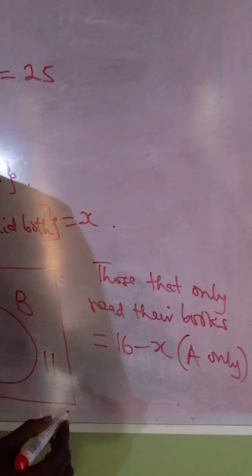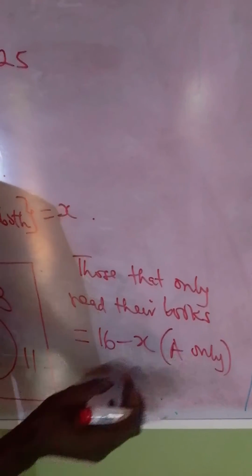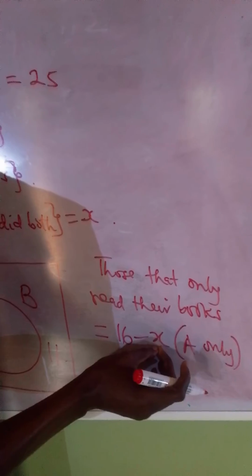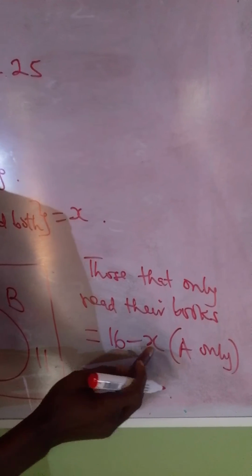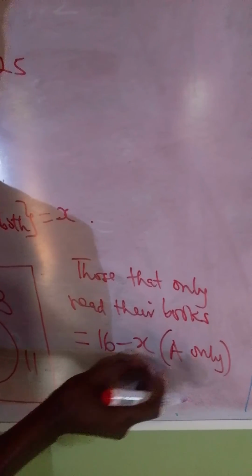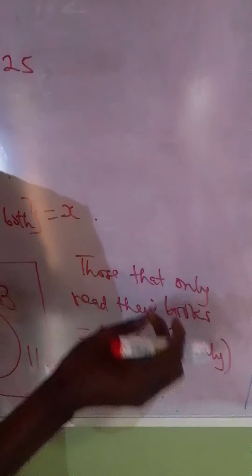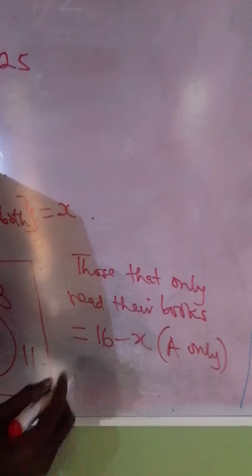X is used to represent the number of students that did both. If we subtract X from 16, we get the number of students that read their books only.